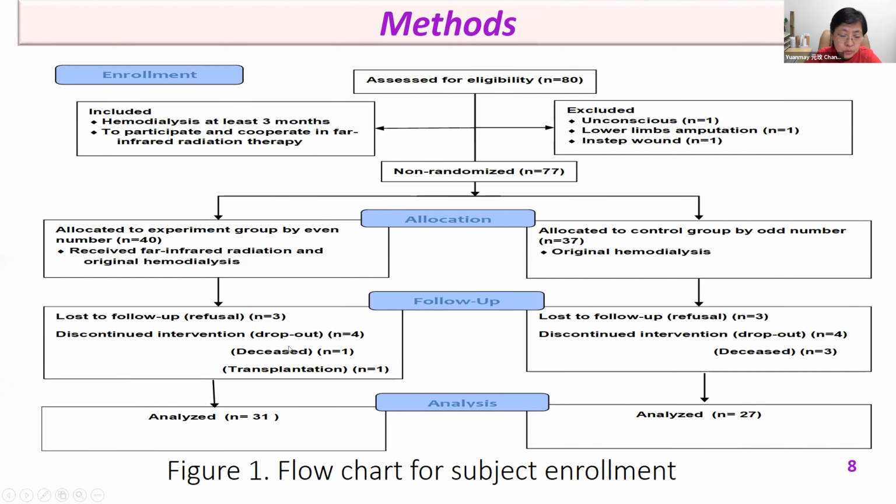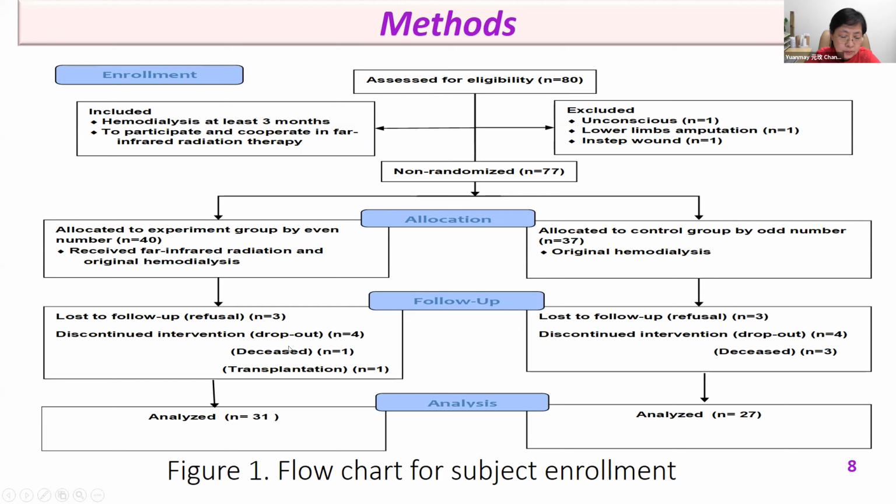They are willing to receive FIR for at least 6 months and have a stable condition. Also, they attend routine dialysis 3 times a week at the dialysis station.